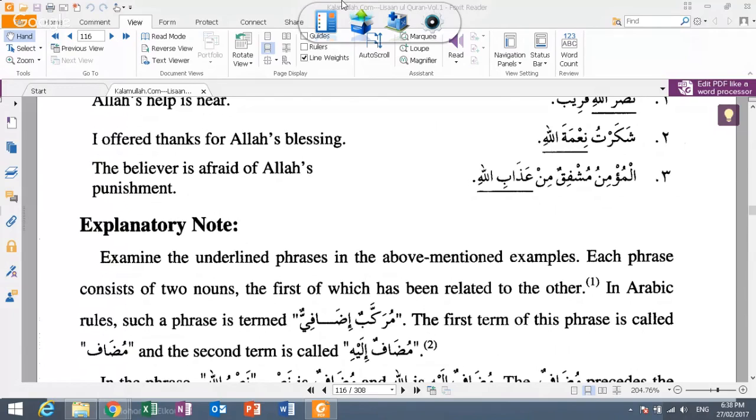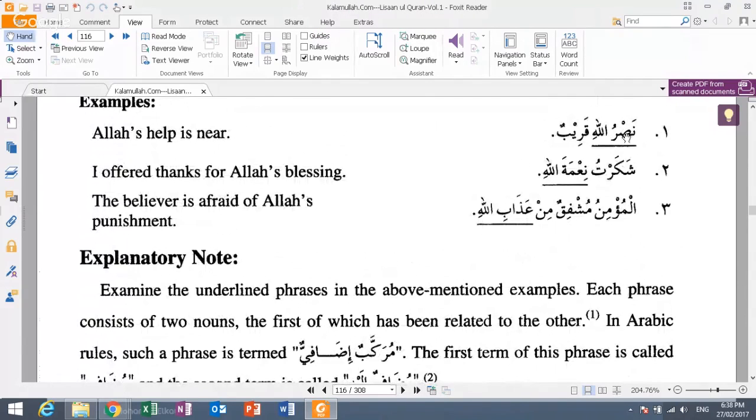Like here, the ayah, Nasrullahi. Nasr is one noun, Allah is another noun. So ascribing one noun to another noun. Nasrullahi, two nouns, but it doesn't give you the full meaning. Nasrullah means help of Allah.